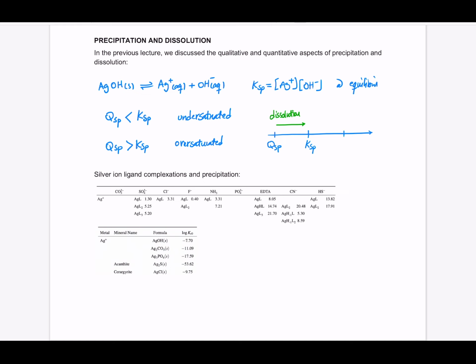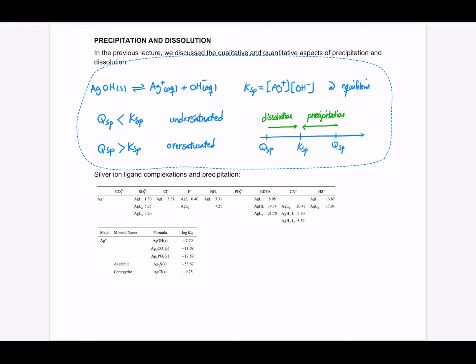And if QSP is bigger at any moment, then to reach equilibrium, we have precipitation. Precipitation and dissolution is very similar to what we had for gas stripping and the dissolution and volatilization of the gas as well. It's a similar analogy, going either towards dissolution or precipitation.